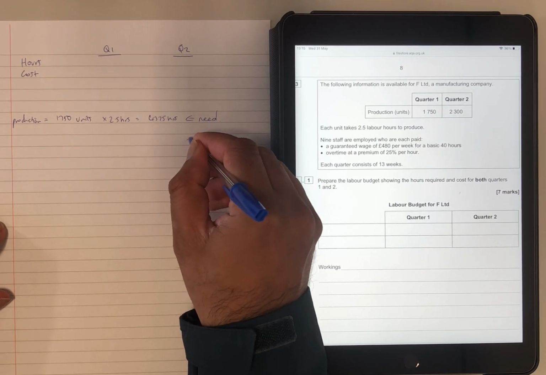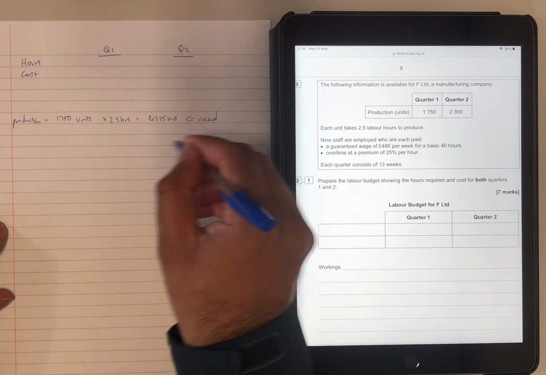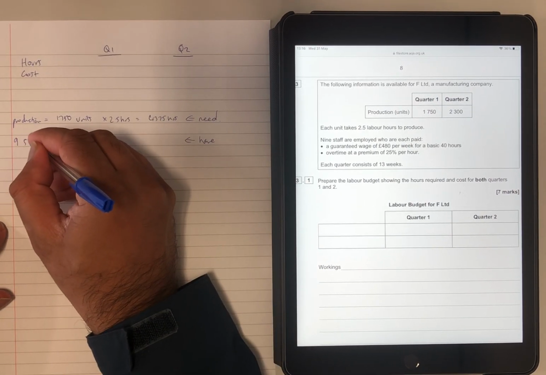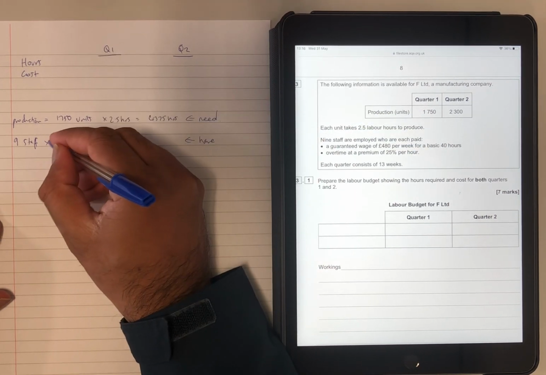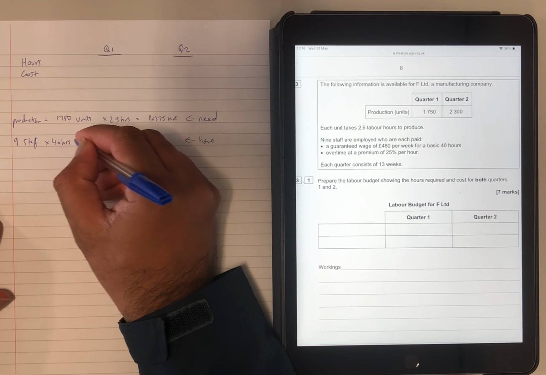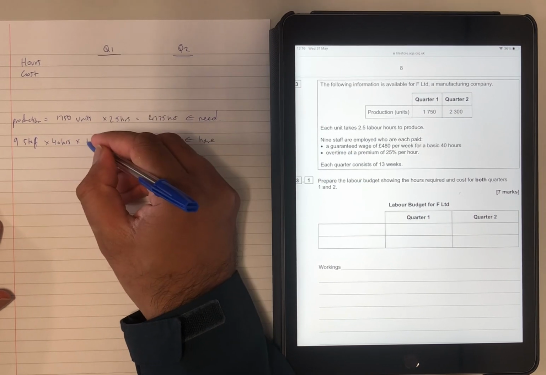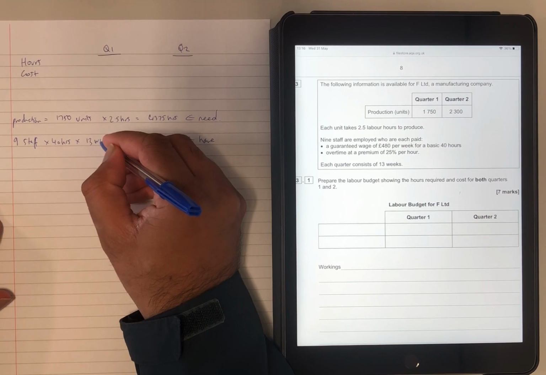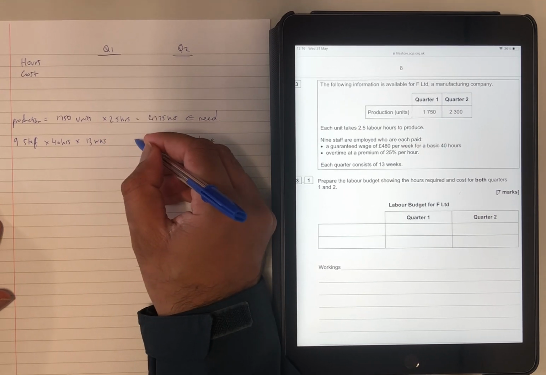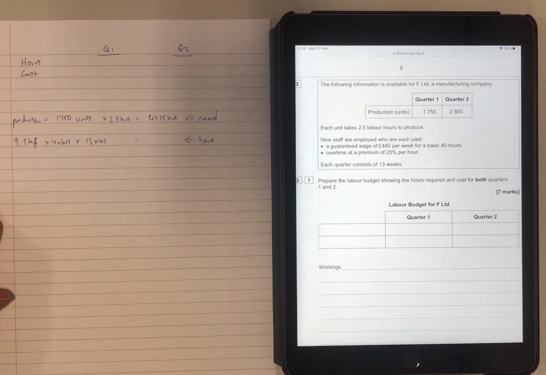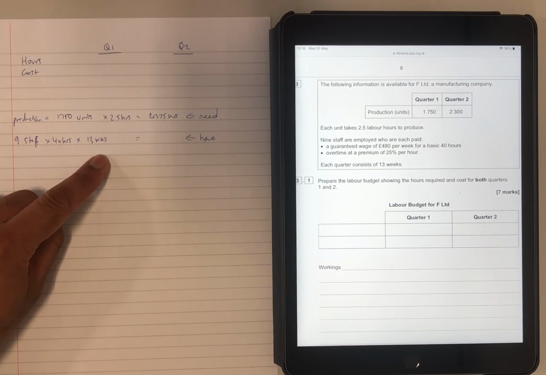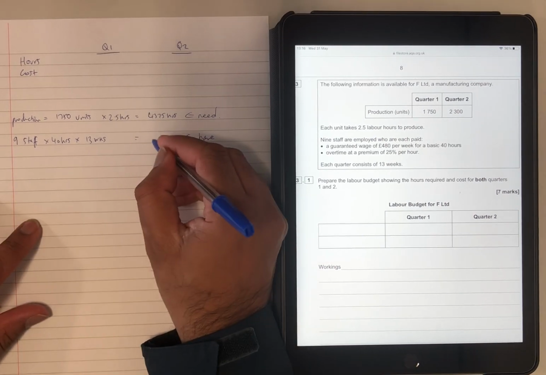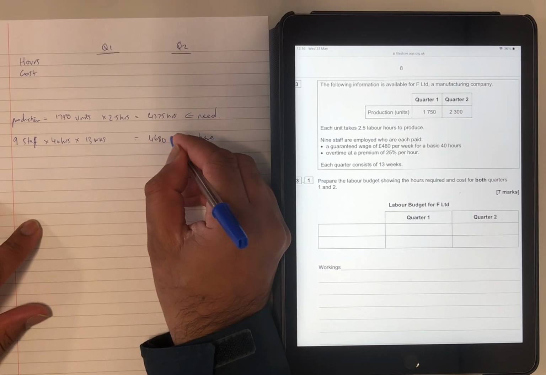In terms of what we have, we have 9 staff. They are going to work 40 hours a week, over 13 weeks, and 13 weeks is what makes up the quarter. So if we do 9 times 40 times 13 in our calculator, we have 4680 hours.